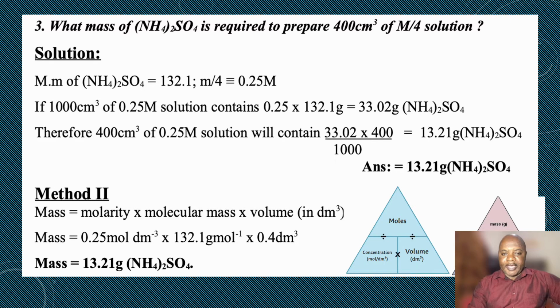You have been given the volume. You have been given the molarity. So what you need to do here is, the moles will be equal to concentration times the volume in dm cube. Convert the volume by dividing it by 1000. It will give you 0.4 dm cube. 0.4 dm cube times 0.25 molarity, you have 0.1.